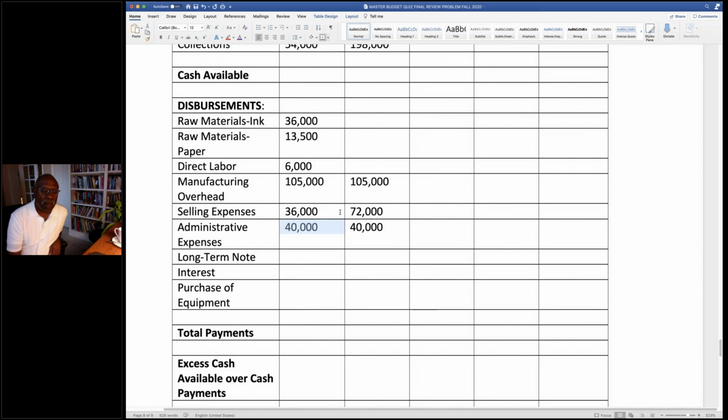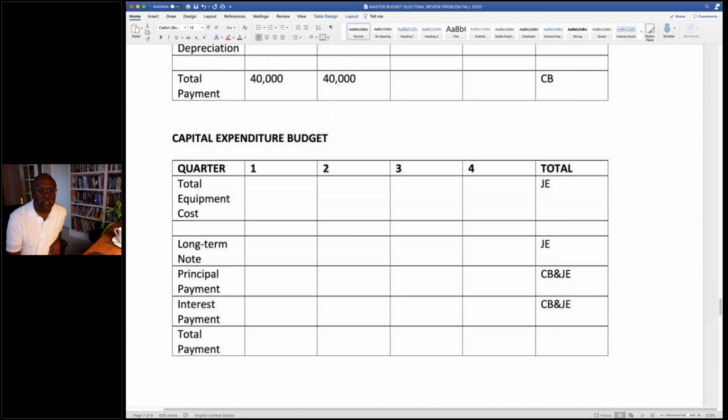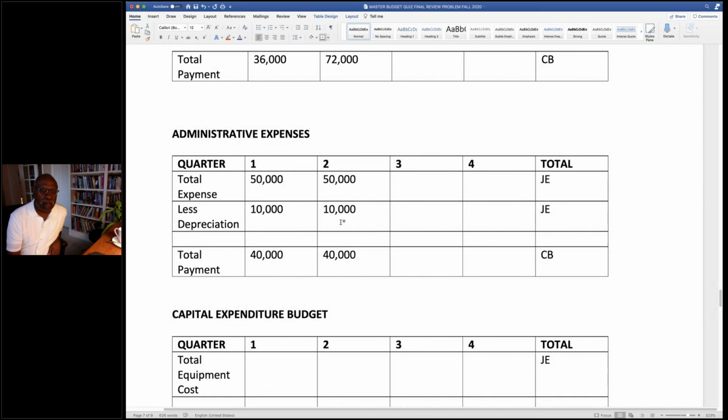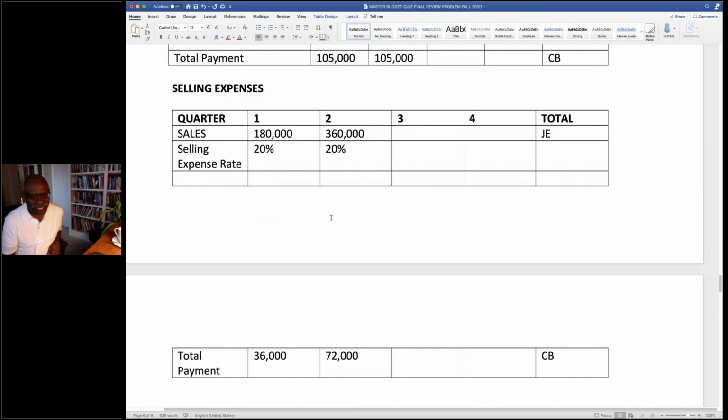All we did was put the sales in. The salesman wanted 20%, so their payment is 36,000. I just kind of changed how it would look, and this is how it would look tomorrow. I think this is an easier way to do it.